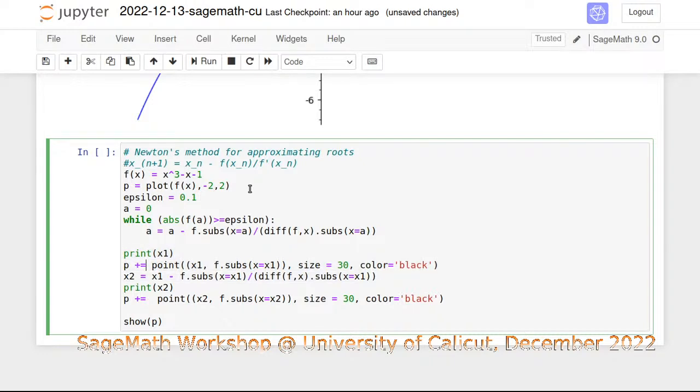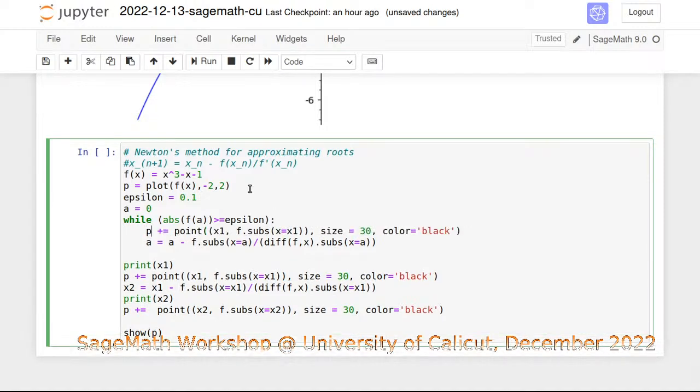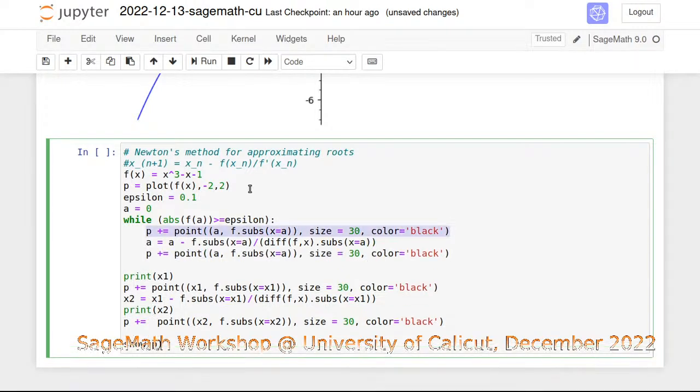Let's try to plot that point also. So initially we will plot with the original a. Maybe we can do it later.